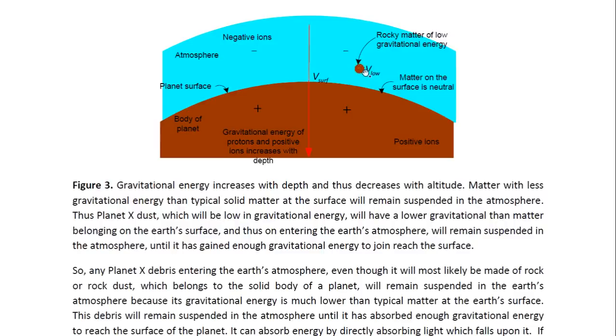But this object can be either positively charged or negatively charged depending where it originates from on the original planet. If it originated on the surface, if it was a piece of matter that belonged to the surface of the planet, it will most likely be neutral. But if it was part of the inside of the planet, so further down, it will be positively charged.